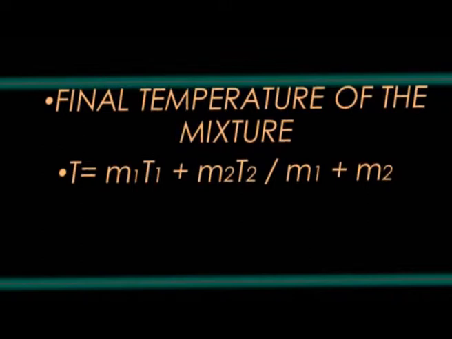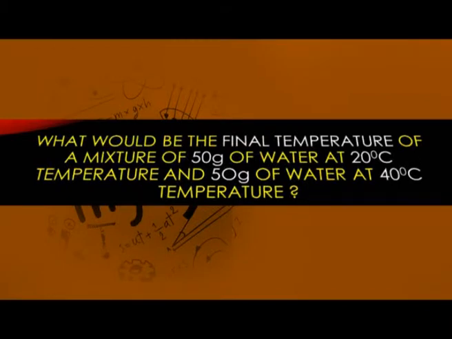Now we shall take a problem and solve it also. In the examination they will ask you this. What would be the final temperature of 50 grams of water at 20 degrees centigrade mixed with 50 grams of water at 40 degrees centigrade?